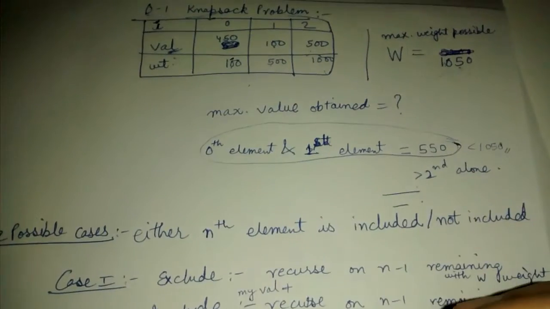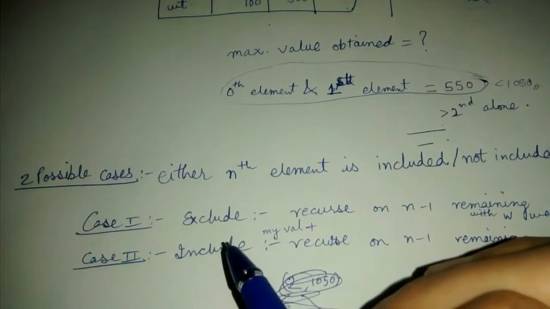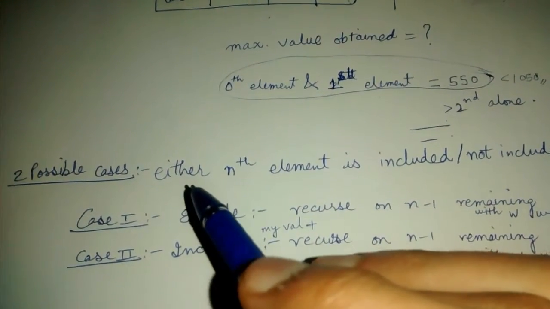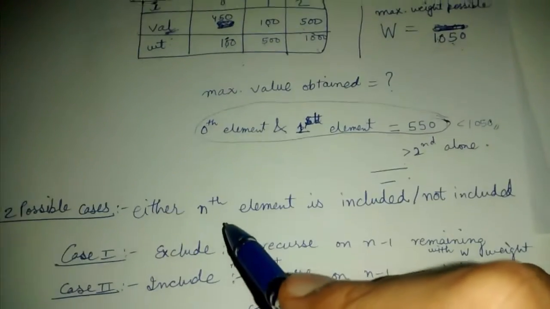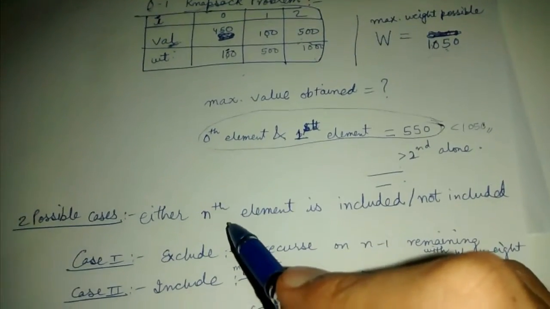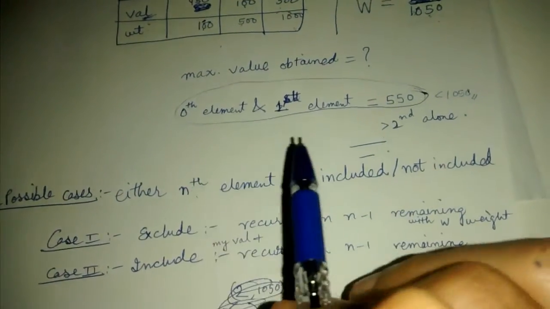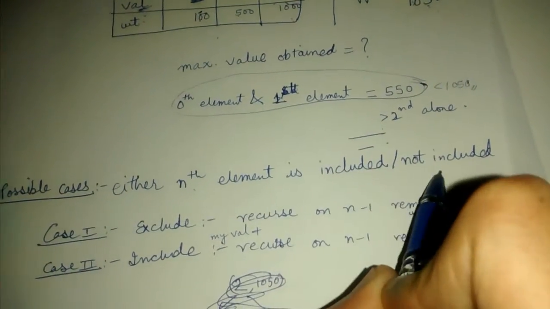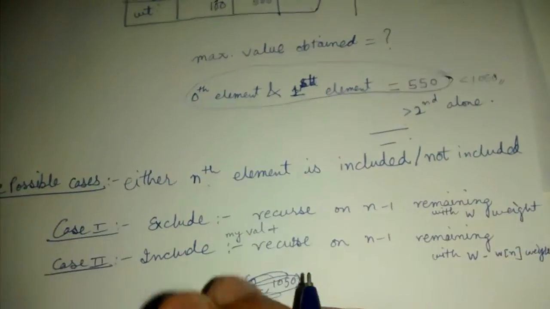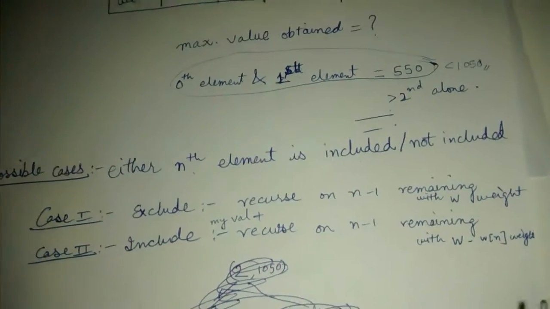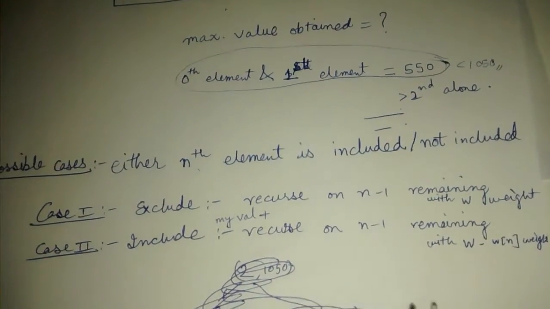So we are now talking about the algorithm to solve this problem. If we consider the nth element, in the final solution, the nth element is either included or excluded. These are the two possible cases. There is no other possible case. Please convince yourself of this.